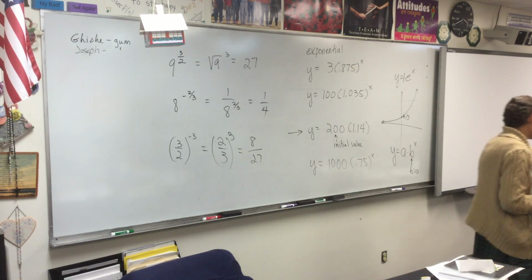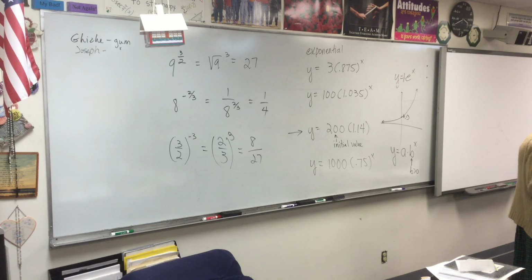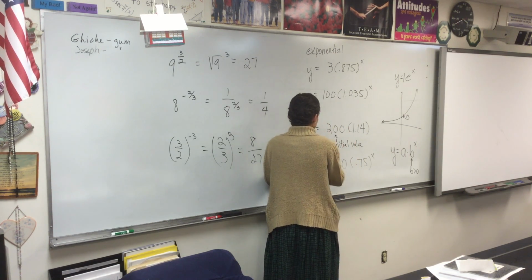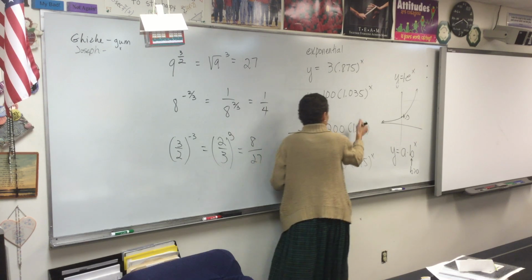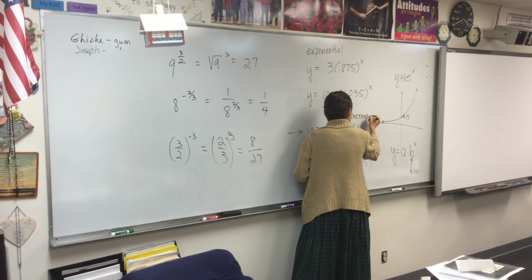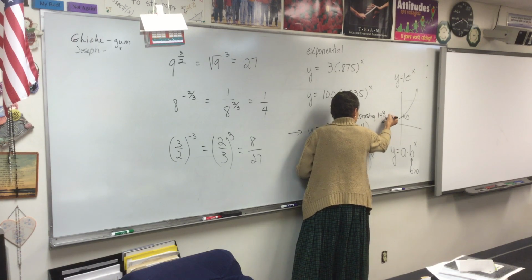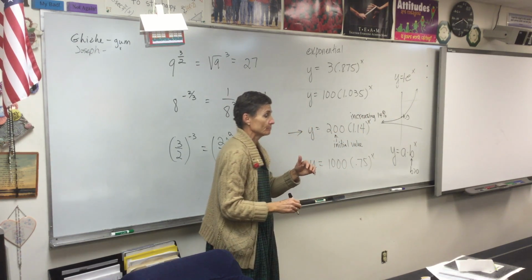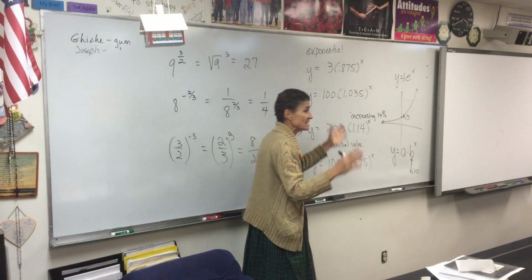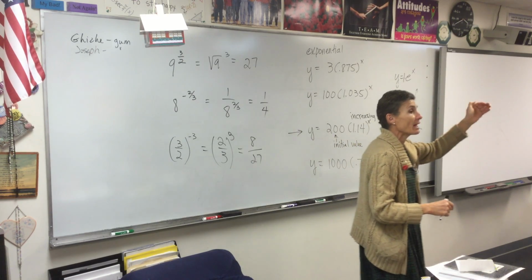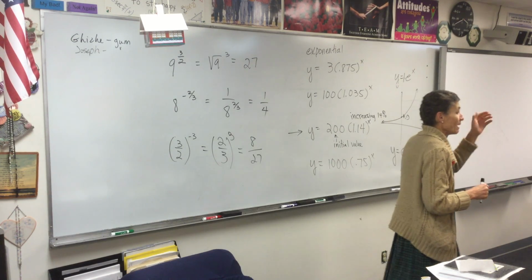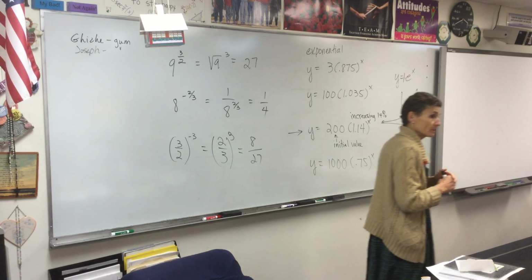I'm multiplying by 114%, which means I'm increasing by 14%. So this equation right here, whatever it's describing, says I'm starting with 200 and I'm increasing 14% each, what happened to my exponent? Each x. So if x is in years, then every year I am increasing 14%. If x is in minutes, then every minute I'm increasing 14%.